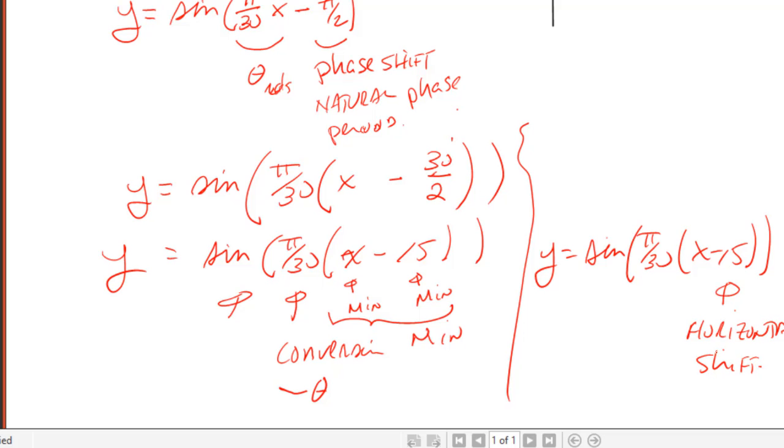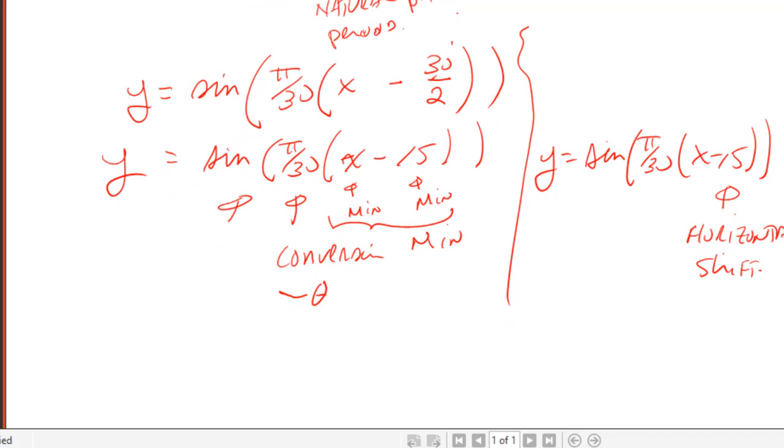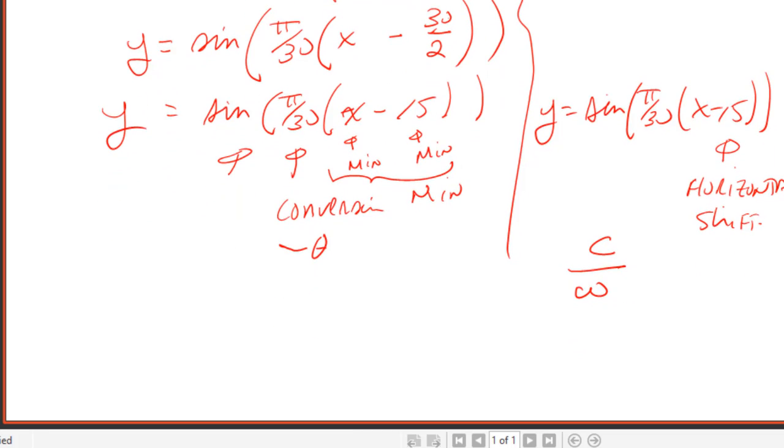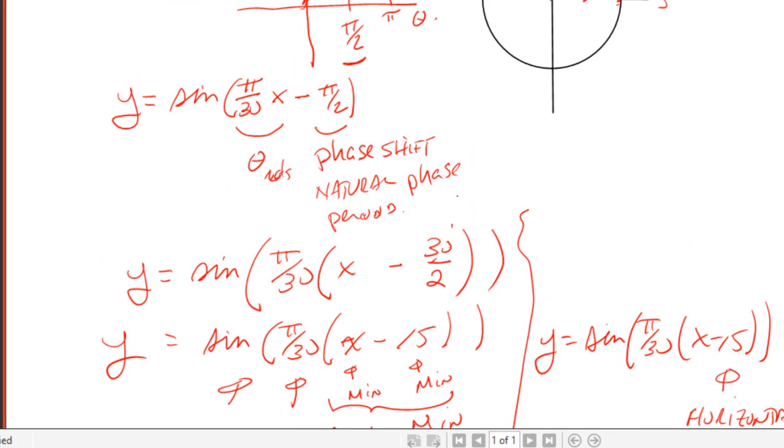And the way I got there is by doing the following. The horizontal shift, if you look at your notes, is defined as C over omega, where C was the original phase shift. So now if I take, for example, the phase shift, where's my phase shift?